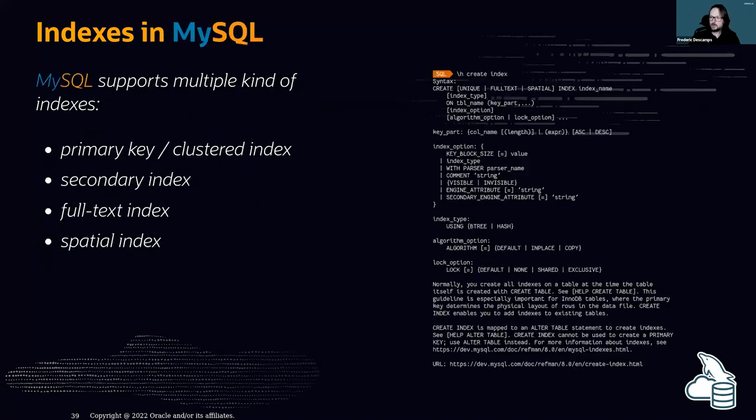In MySQL, we support multiple kinds of indexes. We have primary key, which we can see as a clustered index, secondary index, full text index, and spatial index, right? On the right here, you see all the parameters and options we can have when we create an index.